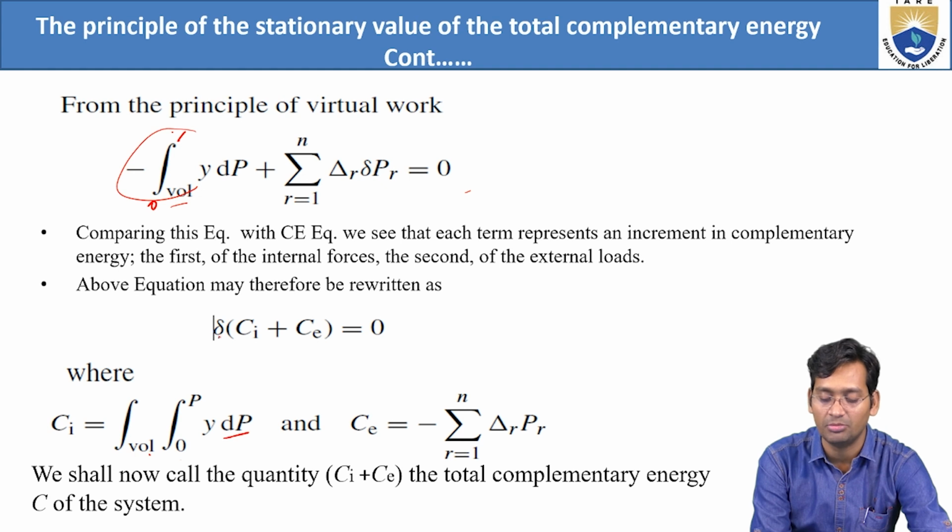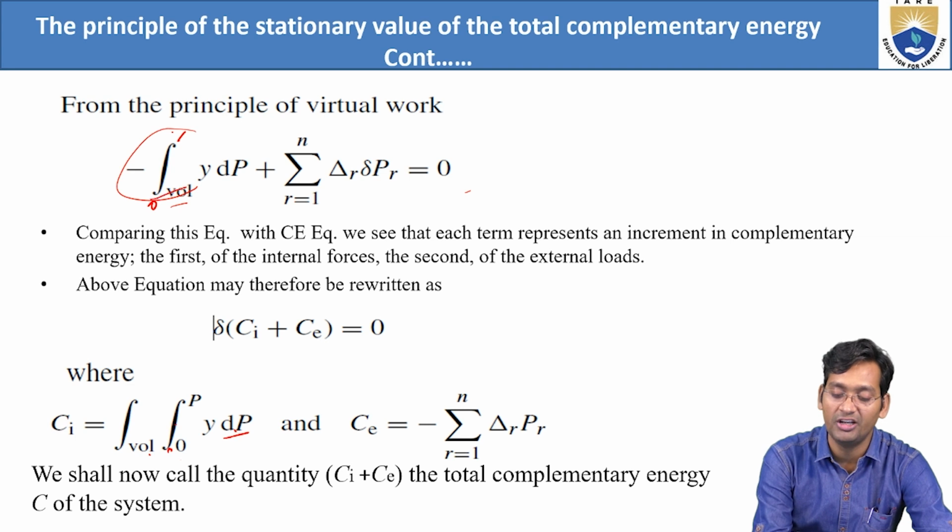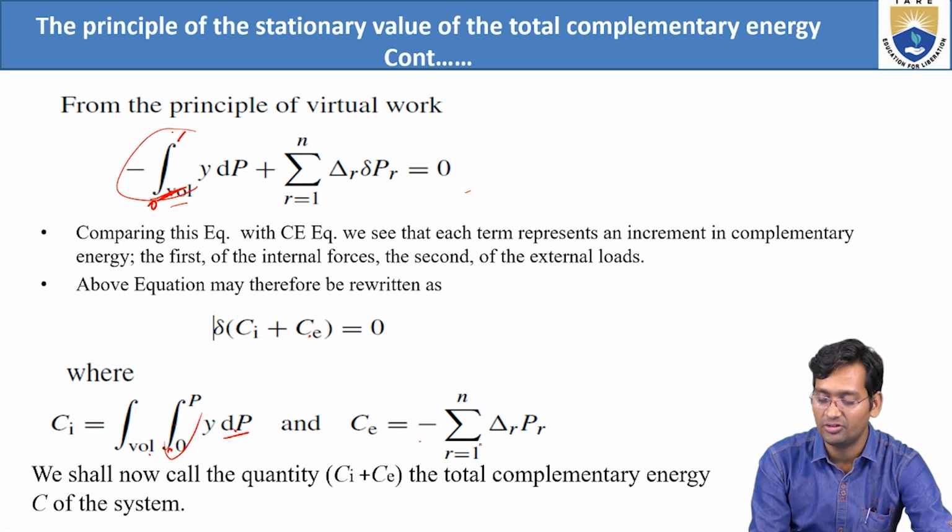That's why the delta term is there, delta of Ci, because delta and integral get cancelled. Once we integrate and then differentiate, it gets cancelled, because only one integral is there. So here the delta term is taken common, with the integral 0 to p y dp, and C is this term. C is what? Minus the sum over r equals 1 to n of delta r Pr.